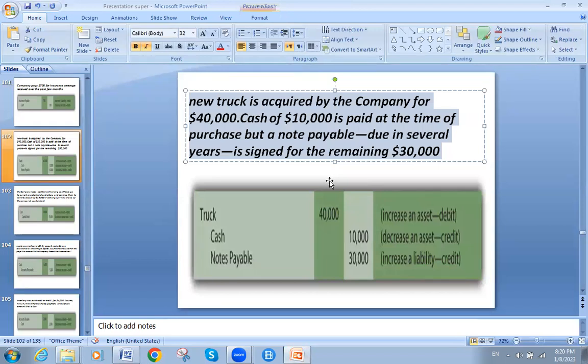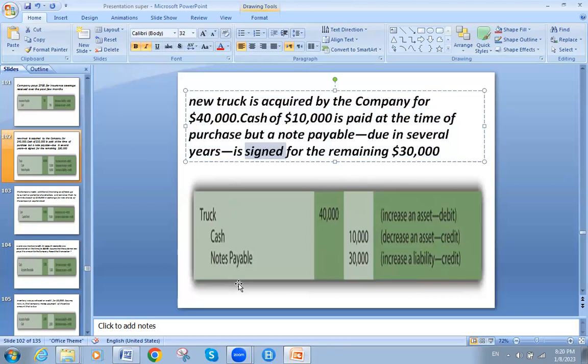Cool, perfect. So I have here a new truck is acquired by the company for $40,000, of which $10,000 is paid cash at that time, and signed for the remaining. I told you before, if you didn't see the word signed, you write it account payable. But when you see the word signed, change the word account into notes payable.